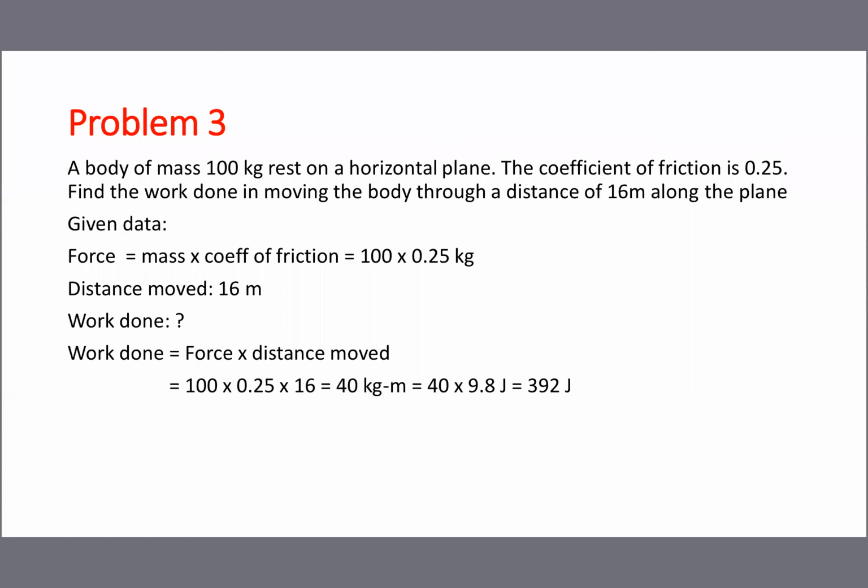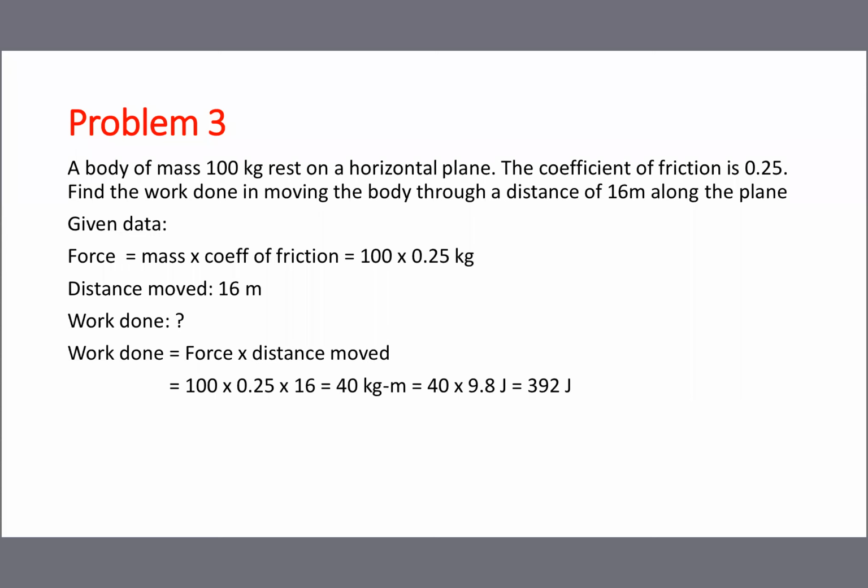A body of mass 100 kg rests on a horizontal surface. If only mass is given, take it as force. If friction is also given, that is the flow condition. You multiply friction with mass and take it as force. So understand or not? If friction is given, multiply it with the mass and take it as force.